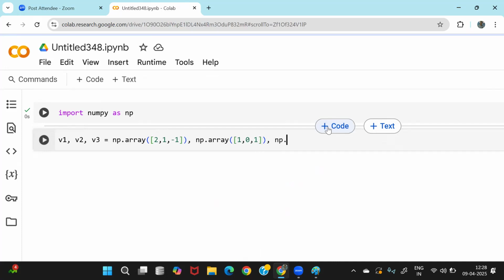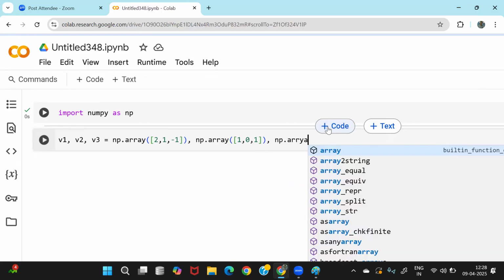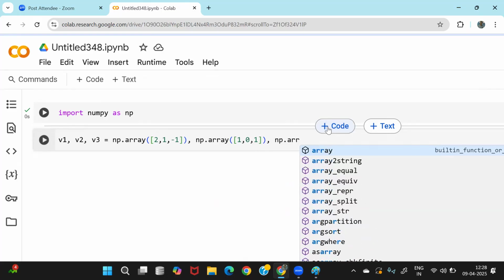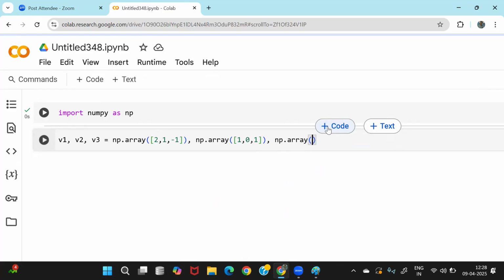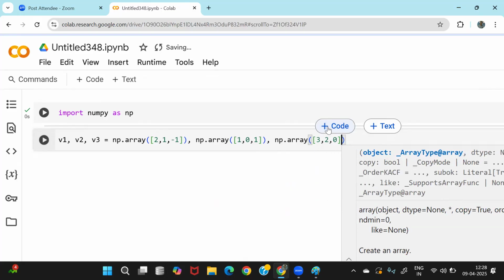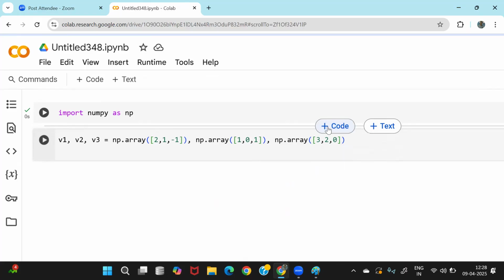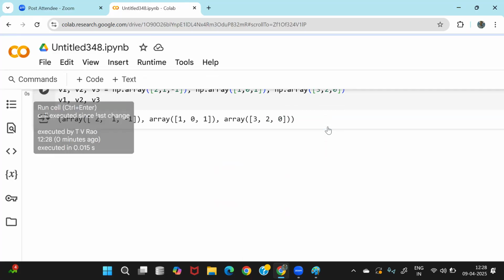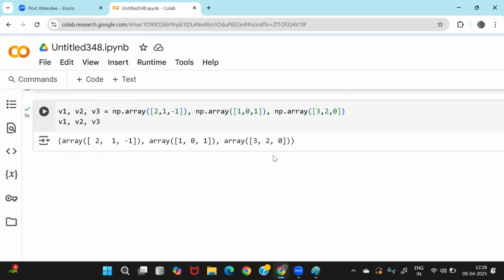The last vector, vector 3, is also a NumPy array with elements say 3, 2, 0. So let us check what we created. Okay. So these are vectors.